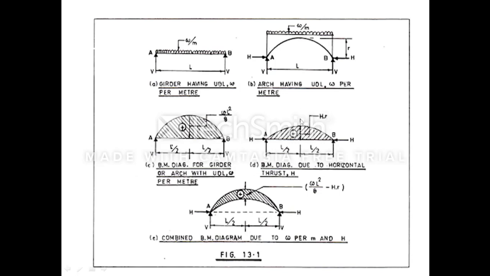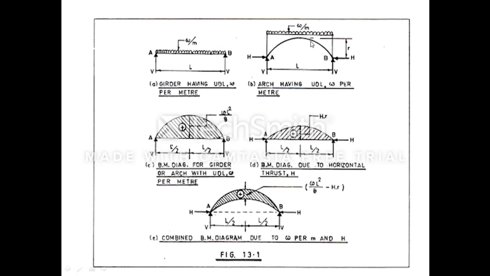When the bending moment value is small, the cross section required is also small. That's why for large spans, something like auditoriums and arch bridges, we prefer arches, because in arches the bending moment is smaller when compared to a beam.